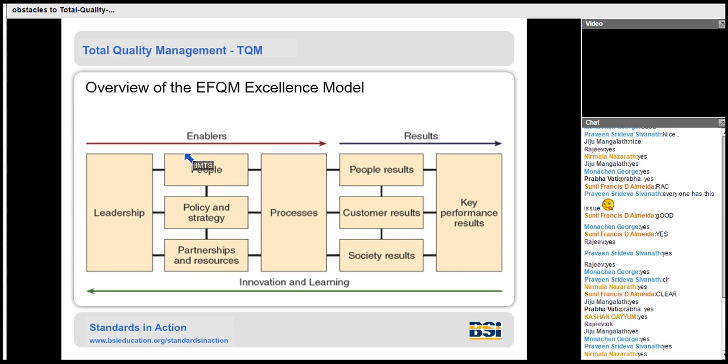So this is the leadership part. Leadership is enabled by people, policy and strategy, partnership and resources, which again further leads to process. From process, it comes people results, customer results, society results, finally which sums up to key performance results. So these are the enablers and these are the results.